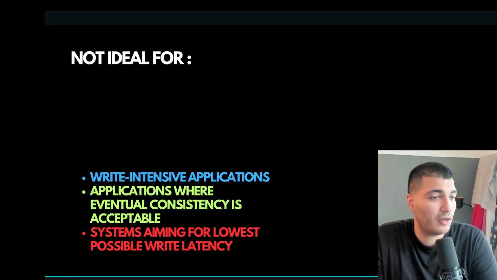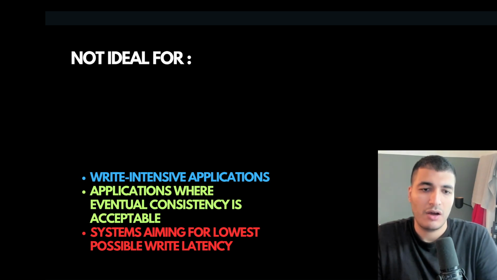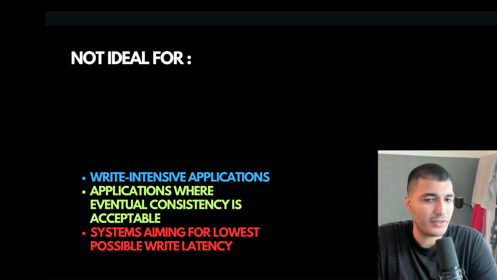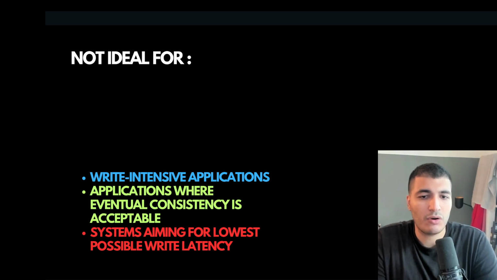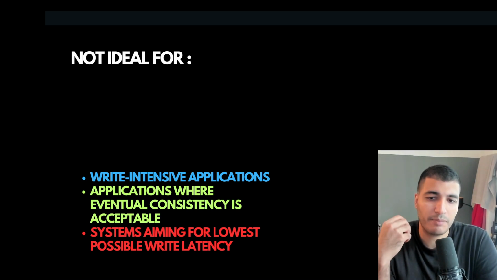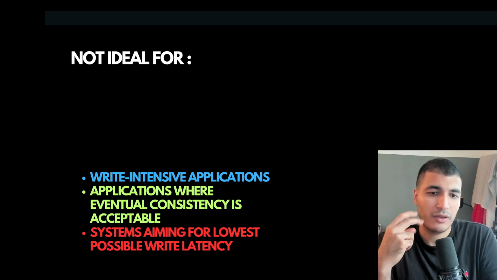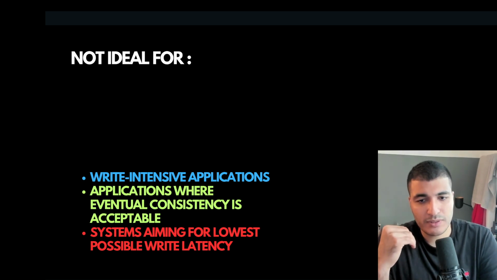Okay, write-through cache is not ideal for, first, write-intensive applications. If your application performs very high volumes of writes, the increased latency of the dual write operations can become a significant performance bottleneck. Second, applications where eventual consistency is acceptable.